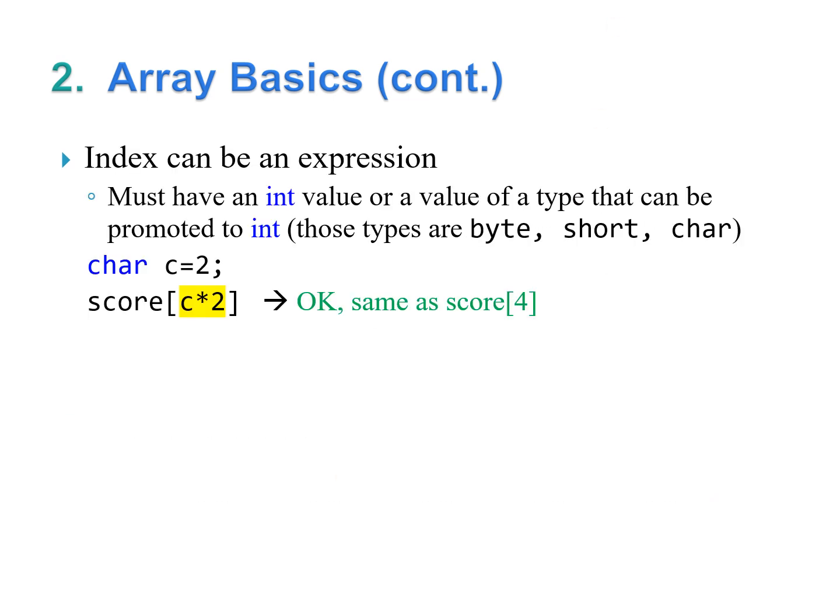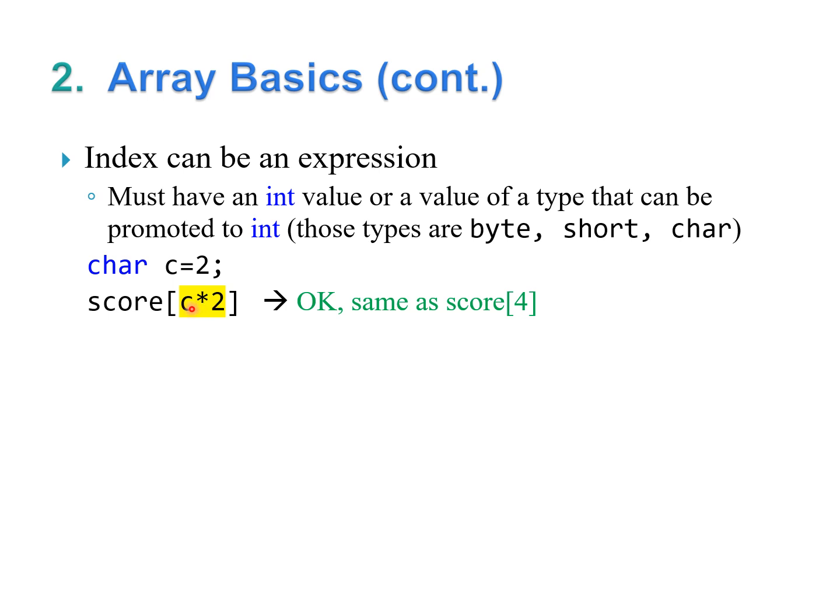Also note that an index doesn't need to be a literal integer number like 0, 1, 2. It can be any expression as long as the expression has an int value or a value of a type that can be promoted to type int. Those types are byte, short, and char. For example, suppose a variable c is of type char and is assigned the value 2. Then you can use the expression c * 2 as an index.